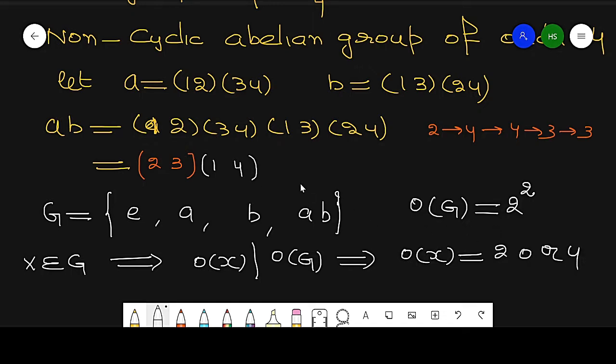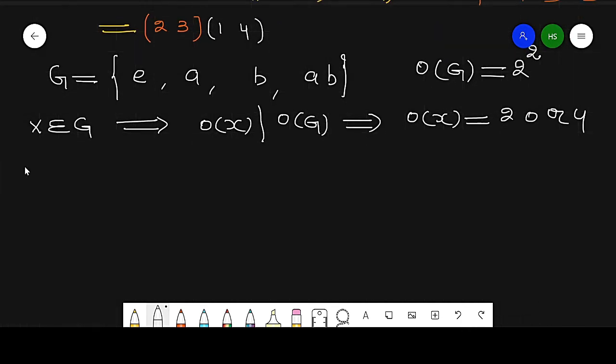Since it is not a cyclic group, the order of X is always 2. The identity element has order 1 and all non-identity elements have order 2.